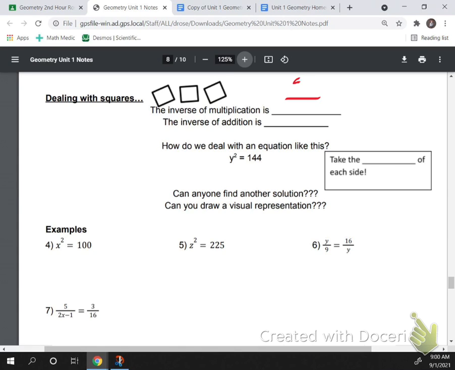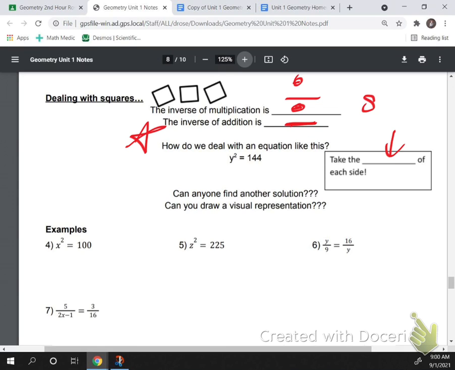What's the inverse or the opposite of addition? Aaliyah? Subtraction. So when we are dealing with something squared, what is the opposite of y squared? Anthony. Square root.